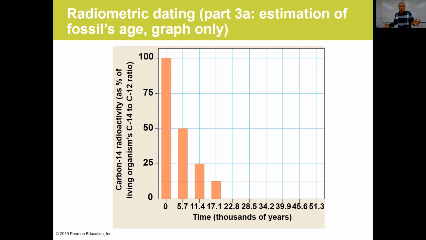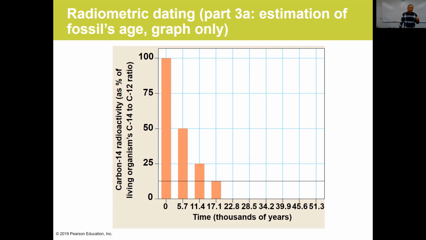There's so little left that it's undetectable. So how is it that we know that a lot of fossils are older than that? For example, dinosaur fossils. They are 60, 70 million years old, and they know how old they are. But they didn't use carbon-14, they used different isotopes.